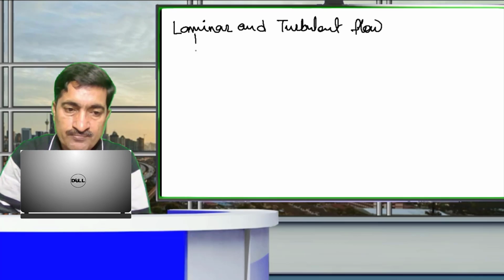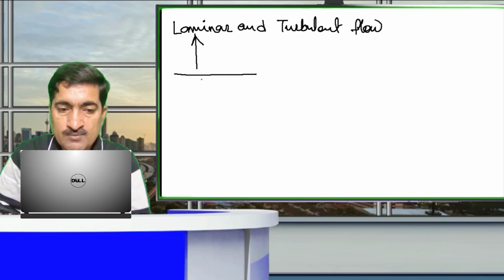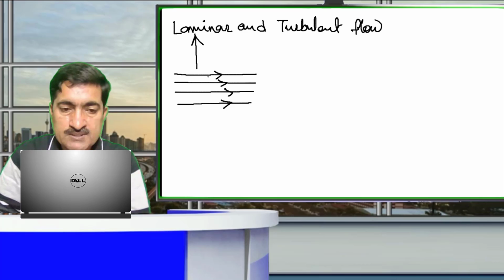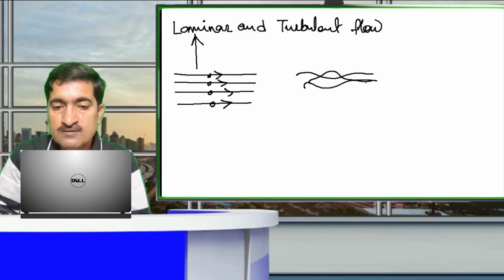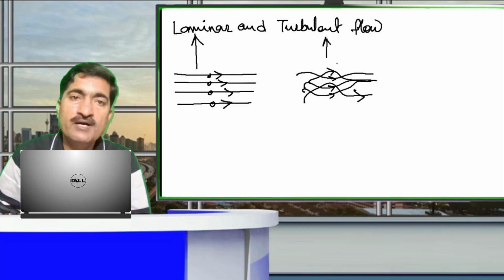In laminar flow, fluid particles move in layers, which means the paths of the fluid particles move parallel. And this is turbulent flow.